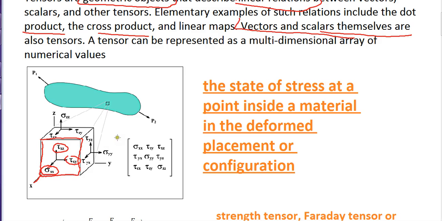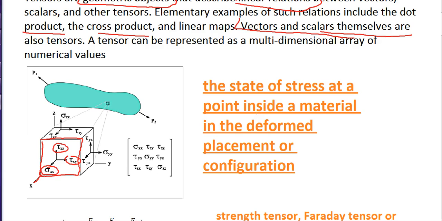The stress tensor is the state of stress at a point inside a material in the deformed configuration. How many states of stress are available at a point of a deformed body? The tensor describes that.